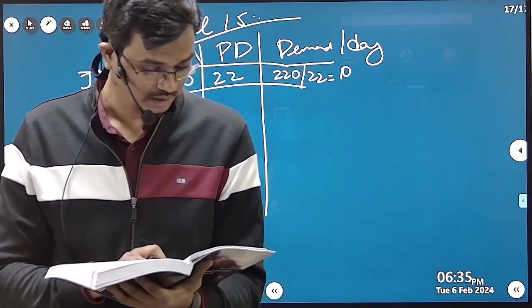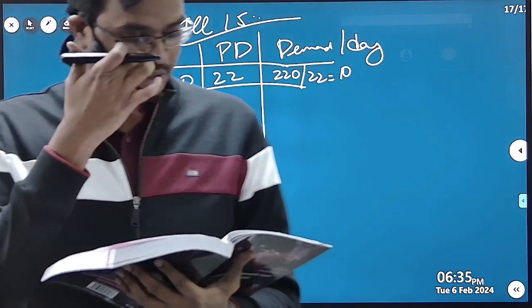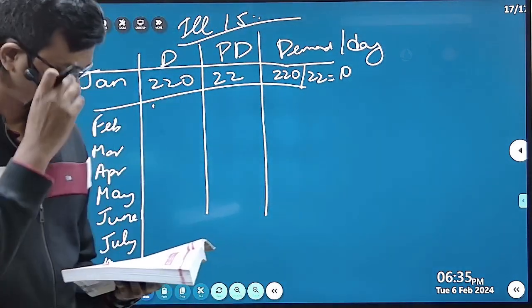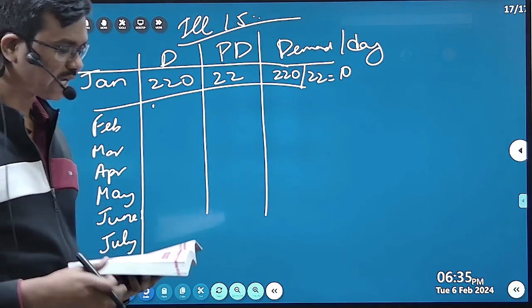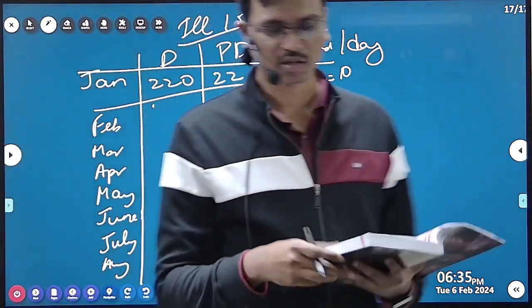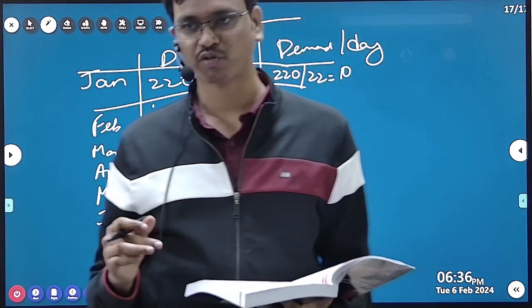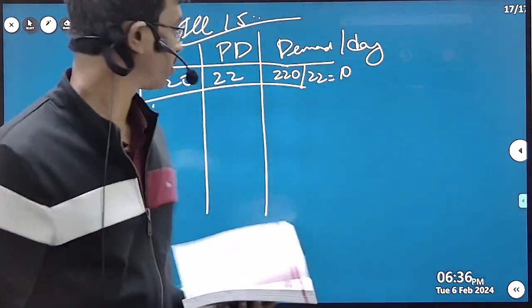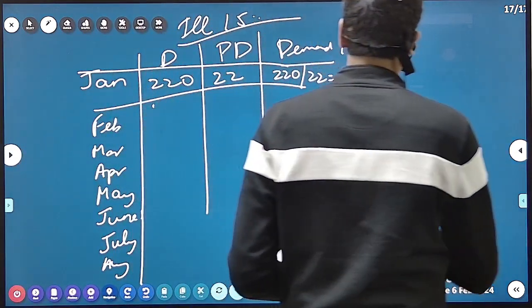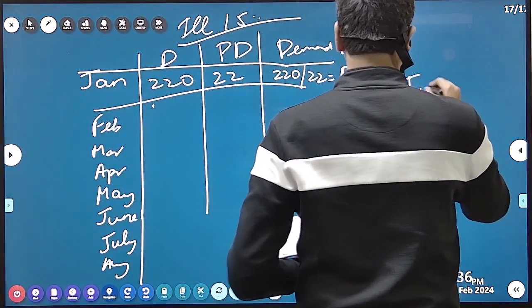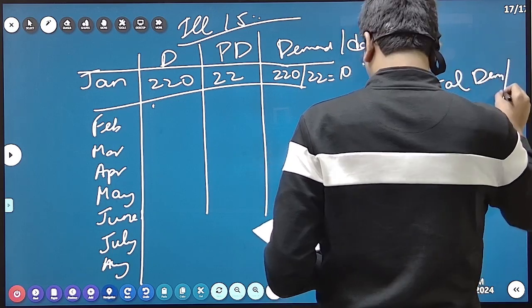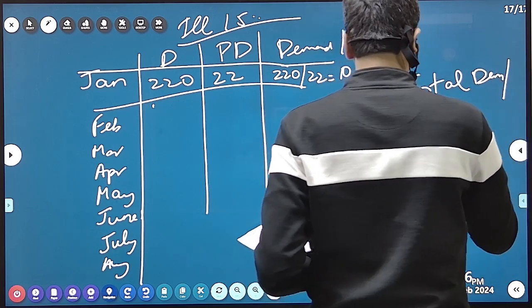Second, he says determine the production rate required to meet the average demand. So production rate to meet the average demand means how much you have to produce to meet your demand. That will be your total demand by total number of days.